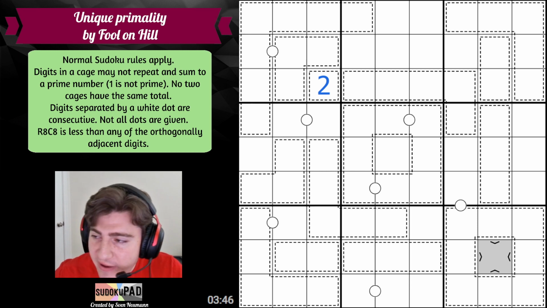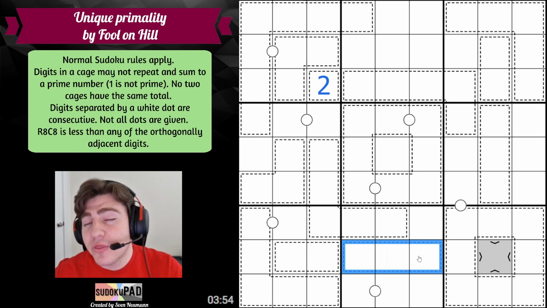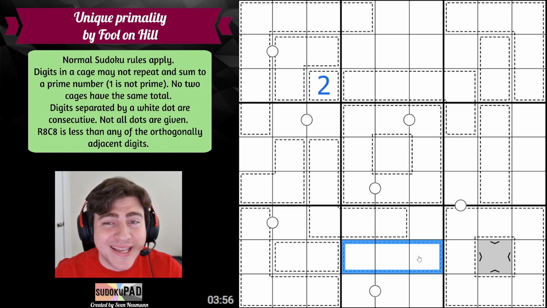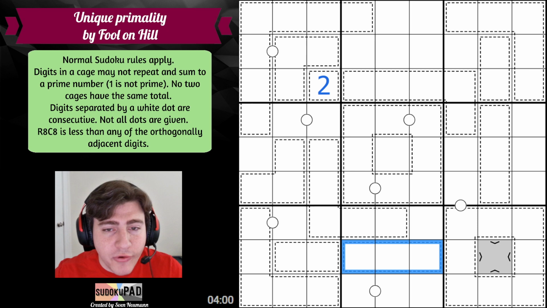So 3 and 5 have to be made with a 2-cell cage, because the second you go up to a 3-cell cage, 1, 2, 3 is 6, and actually 7 has to be made up of a 1, 2, 4 cage.